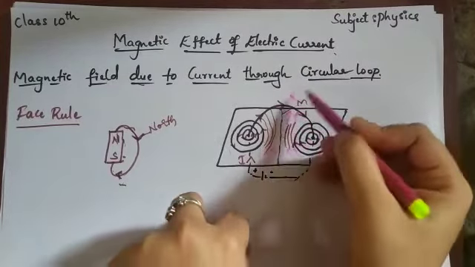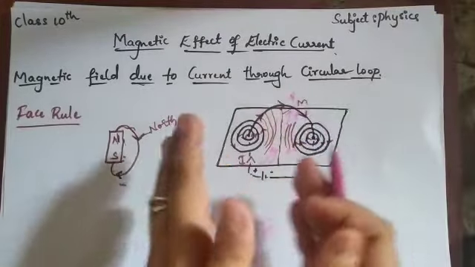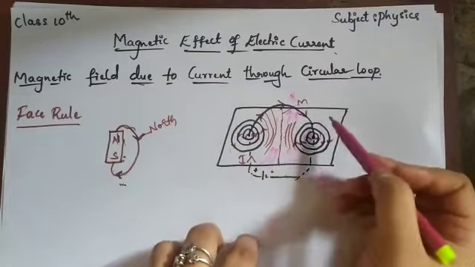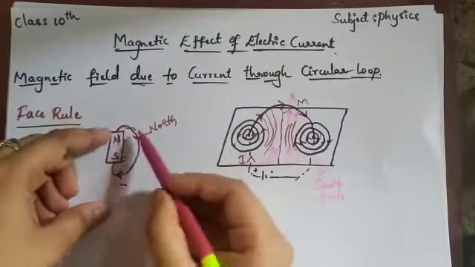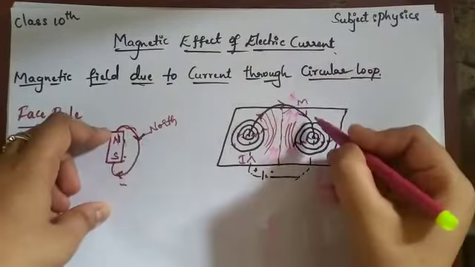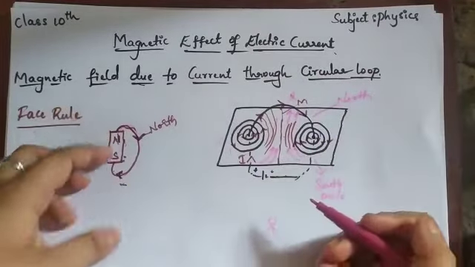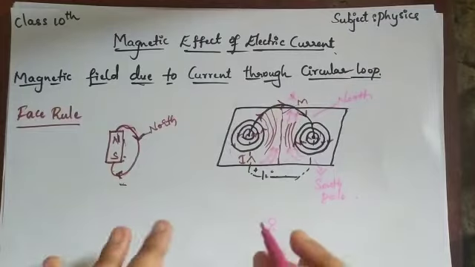That means they are going out of this cardboard or this conductor. Magnetic field lines going outward means that direction shows the north direction. So remember that.